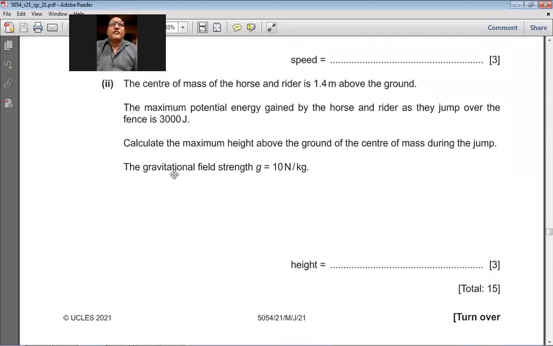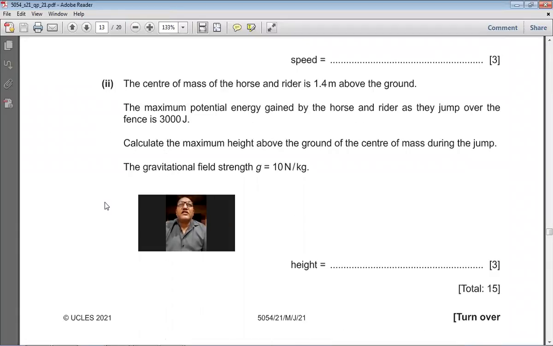Okay. This one is a little tricky. The center of mass of the horse and the rider is 1.4 meters above the ground. The maximum potential energy gained by the horse and rider as they jump over the fence is 3000 joules. Calculate the maximum height above the ground of the center of mass during the jump.